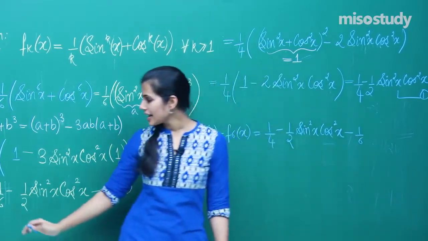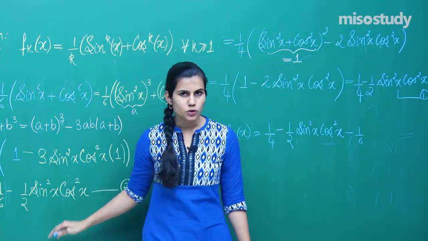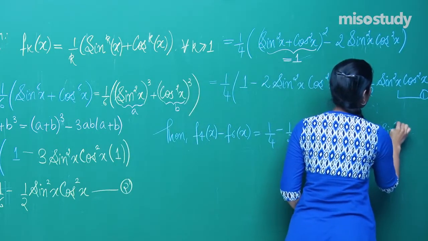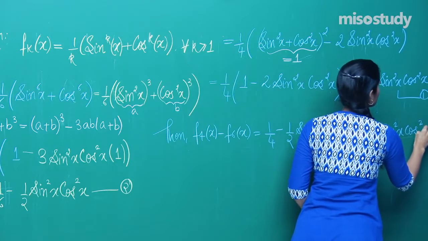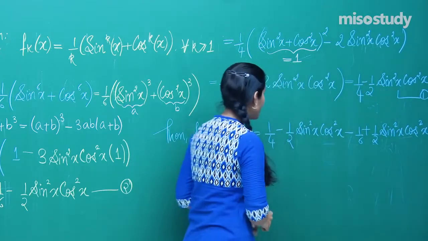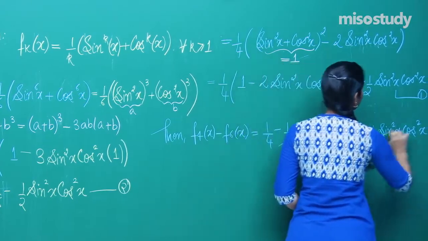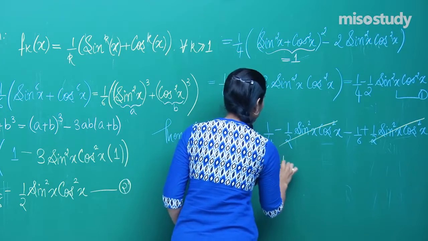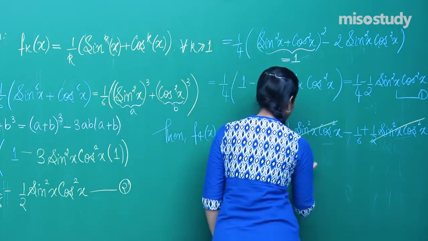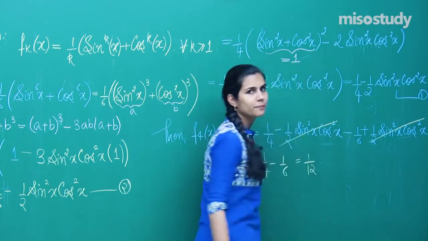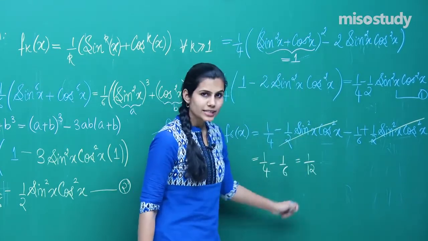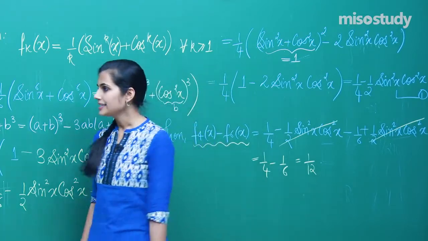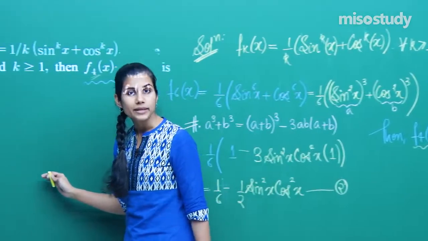Further it is trying to say minus 1 by 2 sine square x cos square x. So it becomes plus 1 by 2 sine square x cos square x. And therefore, as you can see, this expression and this expression get cancelled and you are left with 1 by 4 minus 1 by 6, which is nothing but 1 by 12. And that is the solution for f4x minus f6x, and that is given as option number D.